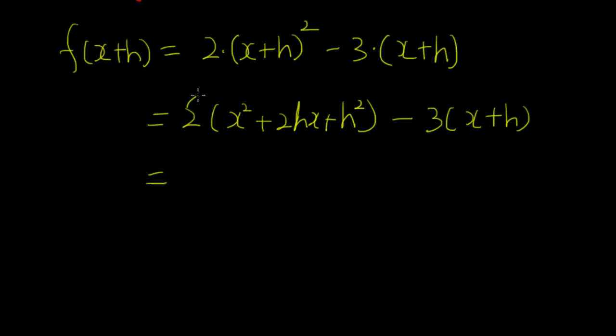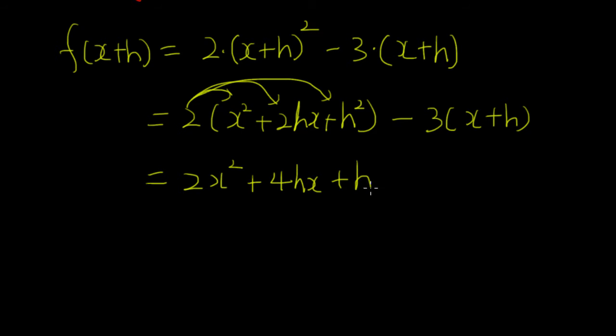Okay, now what's that going to be? Well, if we multiply it here and here, it's going to be 2x squared plus 4hx plus 2h squared minus 3x. I'm multiplying this minus 3 in here. And be careful, because we are multiplying minus 3 to h, so it's going to be minus 3h.